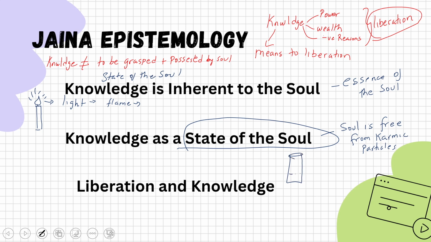The glass of water with the impurities. So the more mud you put, the more muddy it becomes. It is not clear. So the same thing here. As long as you have more karmic particles attached to the soul, it is not able to have its original essence or its original qualities.